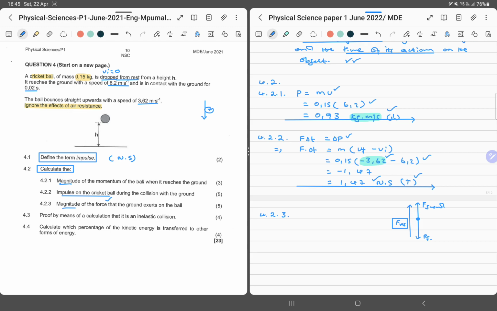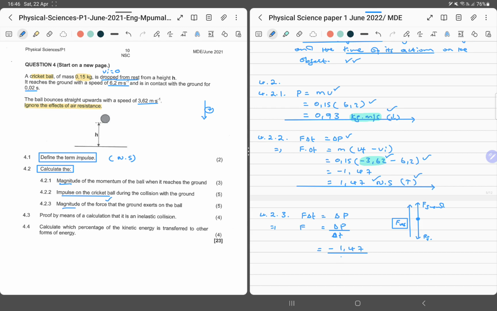So of course, we can use our impulse equation here and say F delta T is equal to change in momentum. This implies that the force is going to be the change in momentum over the change in time. So what is the change in momentum? The change in momentum is basically the impulse itself. So this is now minus, we're going to substitute it with the sign, minus 1,47 divided by the time duration.